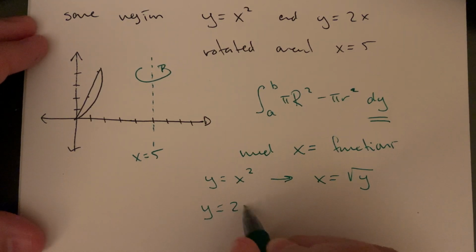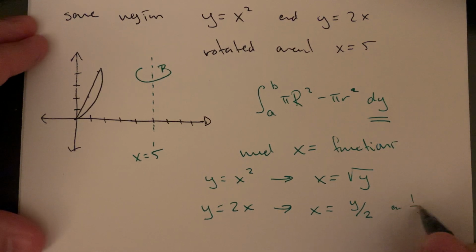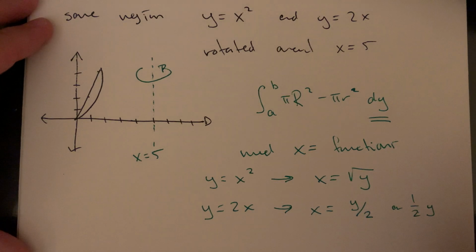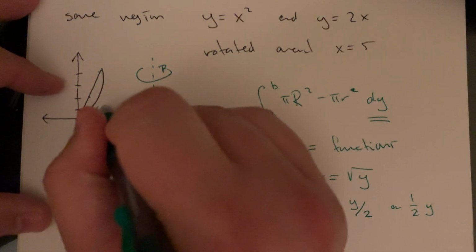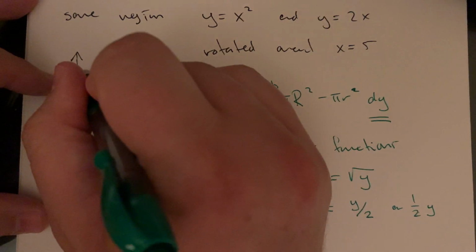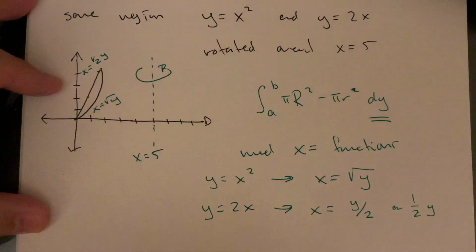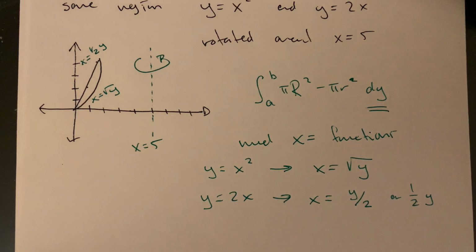For y equals 2x, the x value would be y divided by 2, or 1/2 times y. So I'm going to label these on my picture. x is root of y, x is 1/2 y. So that's the visual. What's happening here with my radius values?